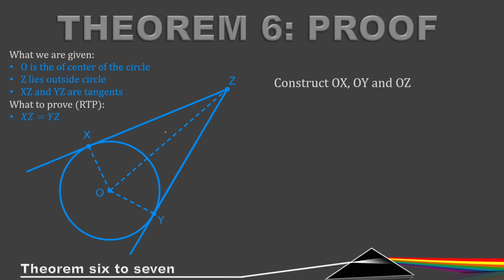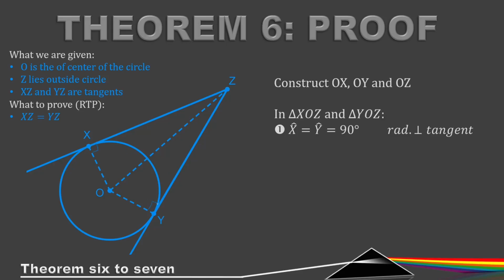Right, now first of all, we're going to say in which two triangles we are working, triangle XOZ and triangle YOZ, and then list out three things that are equal. The first thing we can see is that angle X is equal to angle Y. If you have a radius at the point on the circumference where the tangent touches the circle, the line between that point and the center of the circle, which is the radius, and the tangent form a 90-degree angle.